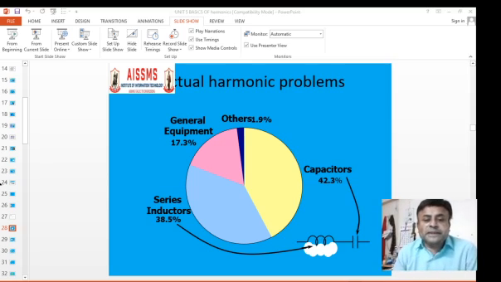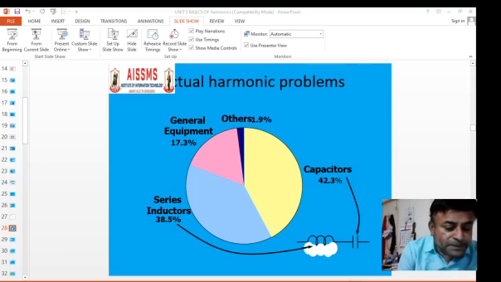Then general equipment like lightning arresters, circuit breakers, meters, etc. are also affected to the tune of 17.3%. And all other remaining equipment account for about 1.9% of the total.